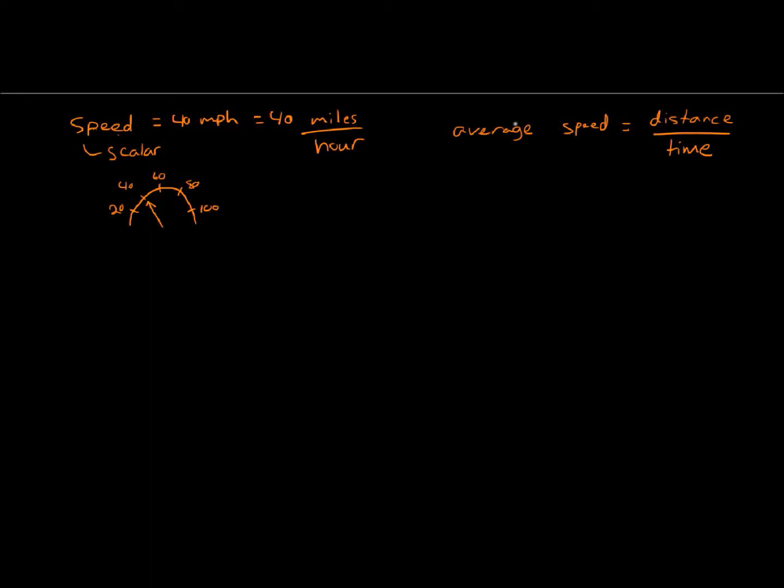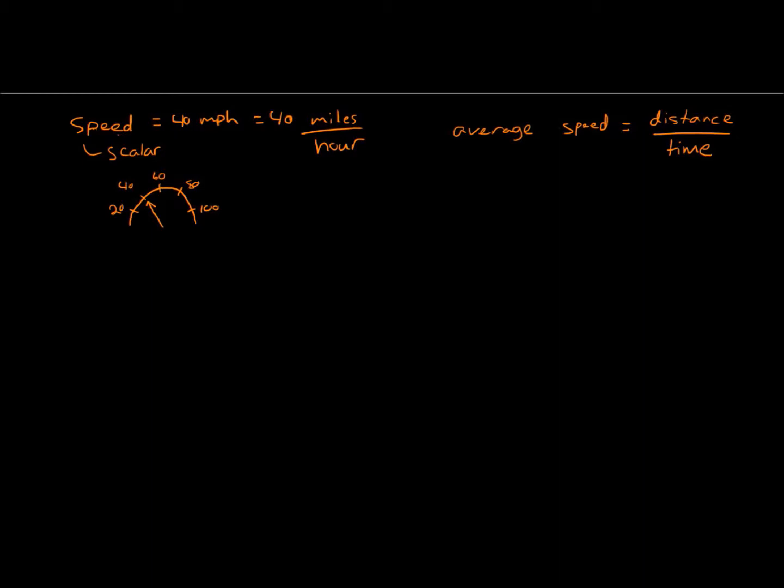It makes sense that speed is a scalar because we know distance is a scalar, and we haven't really talked about time. People can make the argument that time is a vector because it has a direction. You can say I'm going forward in time, or in sci-fi movies they say I'm going backwards in time. But for the purposes of classical physics and classical mechanics, we treat time as a scalar because it doesn't really have directions in the same sense that other vectors do.